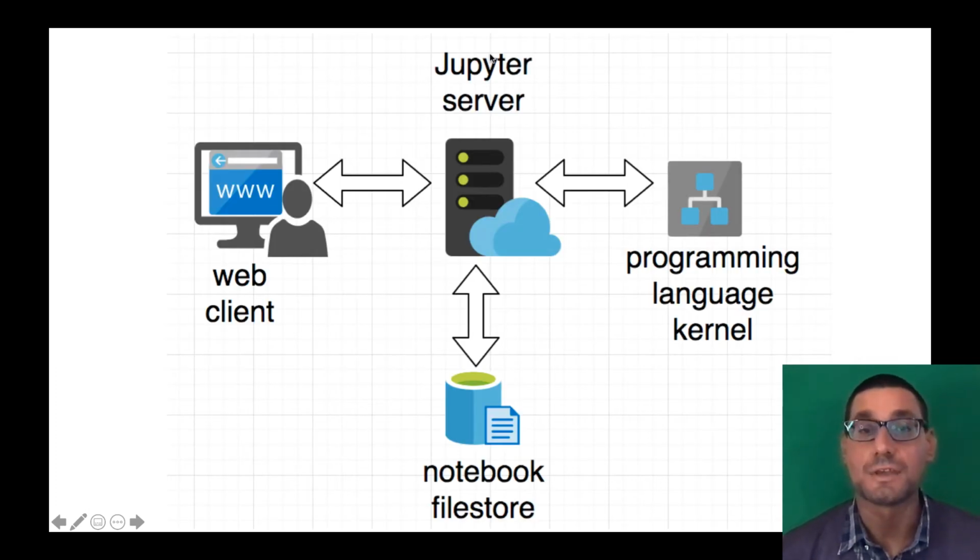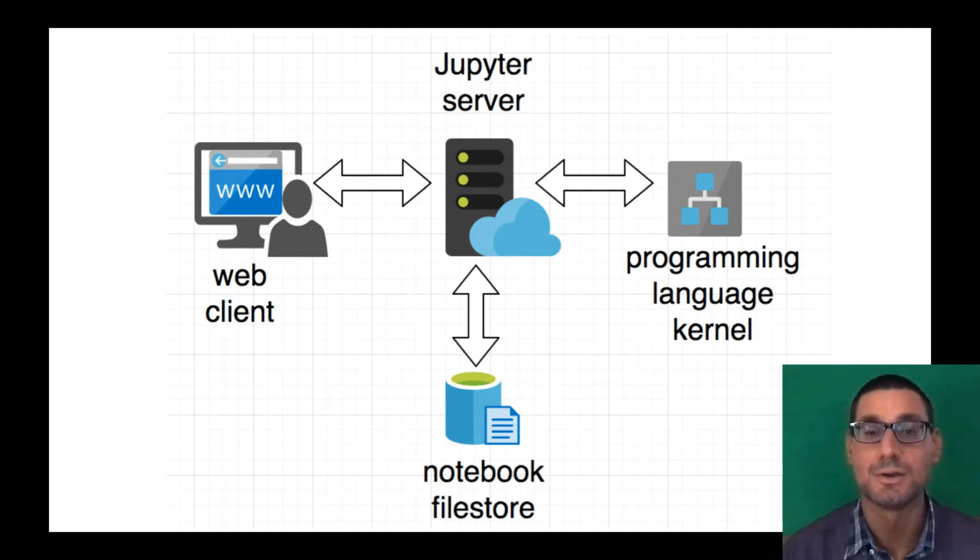A little bit about the architecture of the Jupyter system. So a user is interacting via a web client, and this renders the view of the notebook on their web browser, which is served by a Jupyter web server, possibly Jupyter Notebook, Jupyter Hub, Jupyter Lab, and this server here may be running on the same machine as the client.